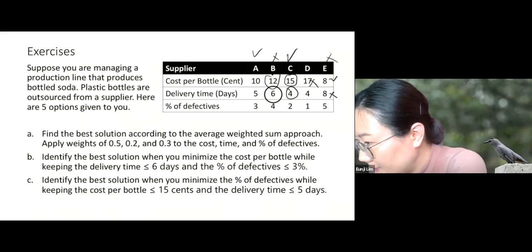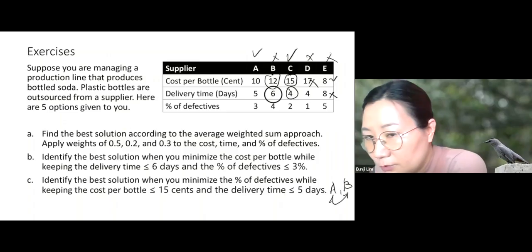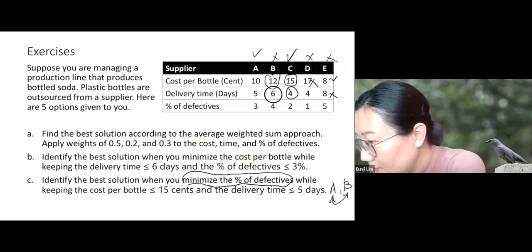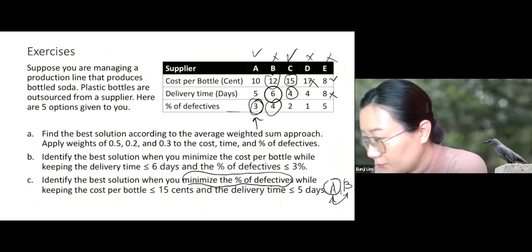No, not qualified. So in this case, we only have 2 suppliers who are qualified, A and C, and between these 2, which one should we pick? We should pick the one with the minimum percentage of defectives. The percentage of defectives for A is 3%, for C it's 4%, so you should choose A. A should be the final choice.